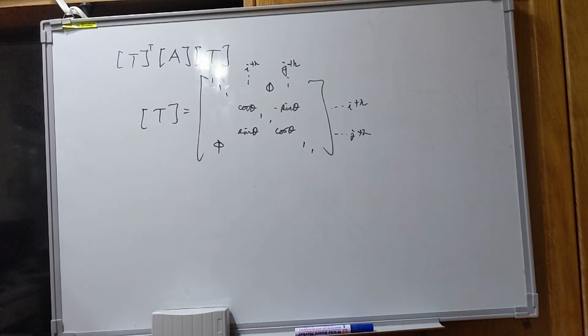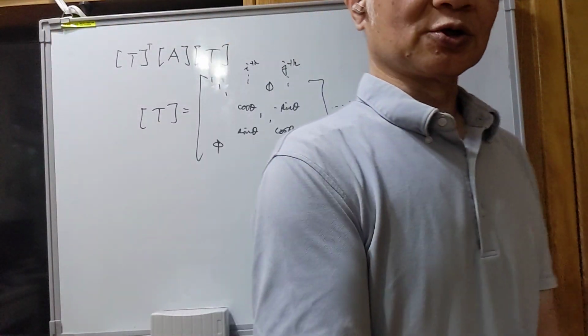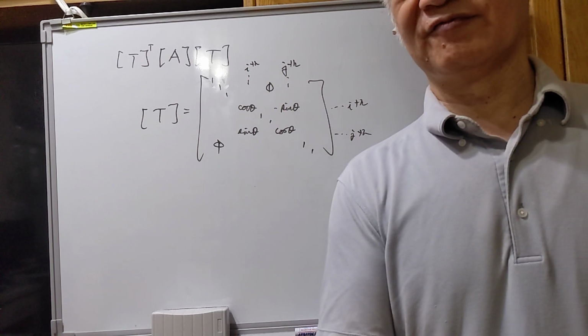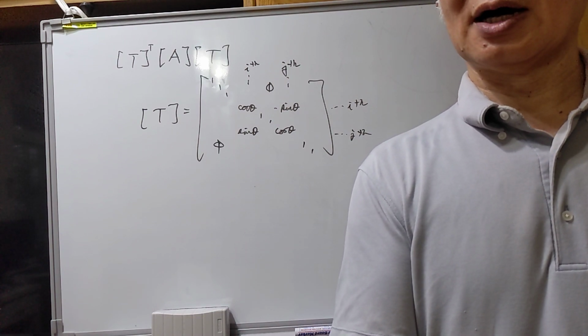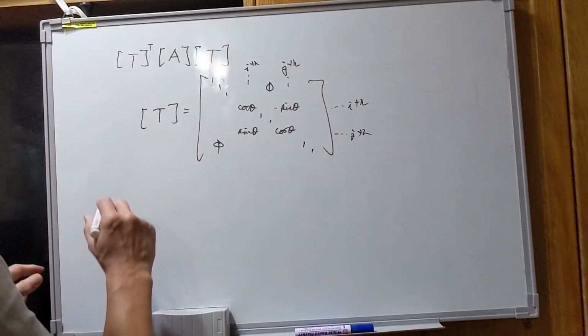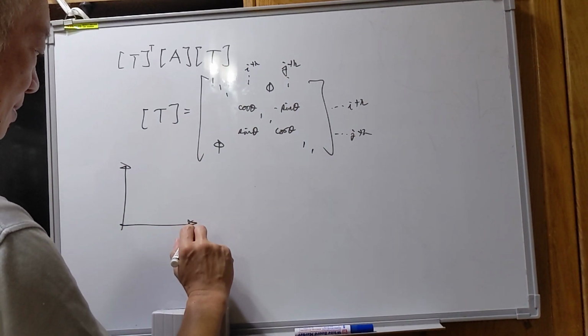And this T matrix is sometimes called a rotation for the AI and AJ plane, for the XI and XJ plane.